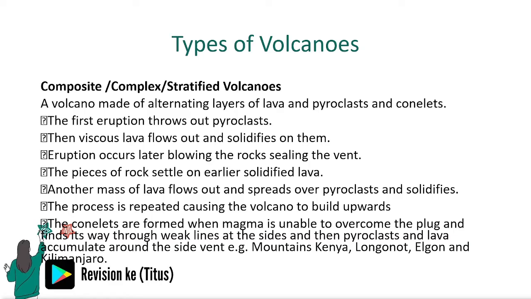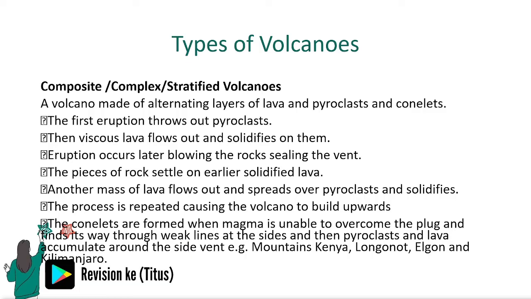We have the composite or complex volcanoes, which is a volcano made of alternating layers of lava and pyroclasts and conelets. So this one we can take some time to discuss. The first eruption throws out pyroclasts. The viscous lava flows out and solidifies on them.